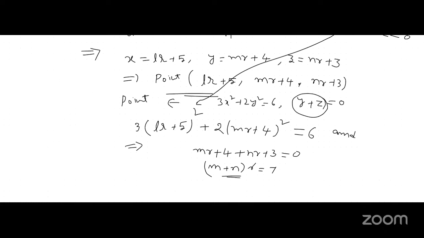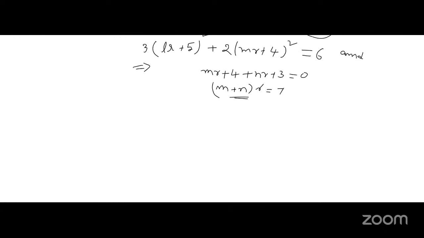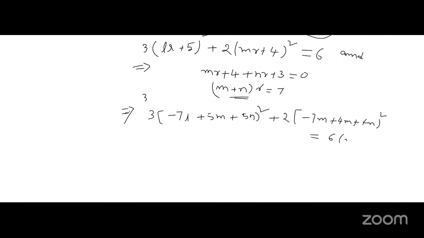If we substitute that in equation 1, we get 3 into (minus 7l plus 5m plus 5n) whole square plus 2 into (minus 7m plus 4m plus 4n) whole square equals 6 into (m plus n) whole square.